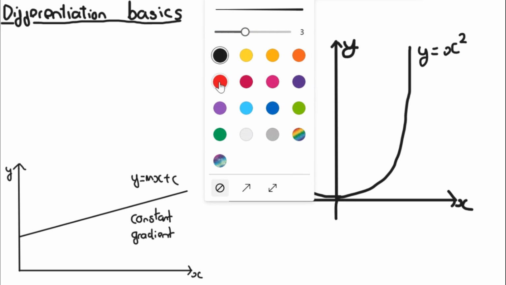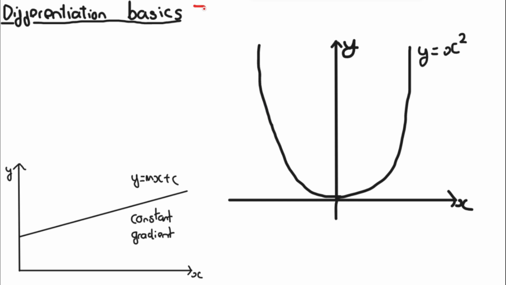Now, the best way to illustrate this is with a tangent, and this is quite a key concept for the whole of this chapter. A tangent is a line that touches the curve at only one specific point on the graph. So for example, this here is a tangent as it touches the curve only at this specific point here. This is also a tangent, it touches the curve just at this one specific point here.